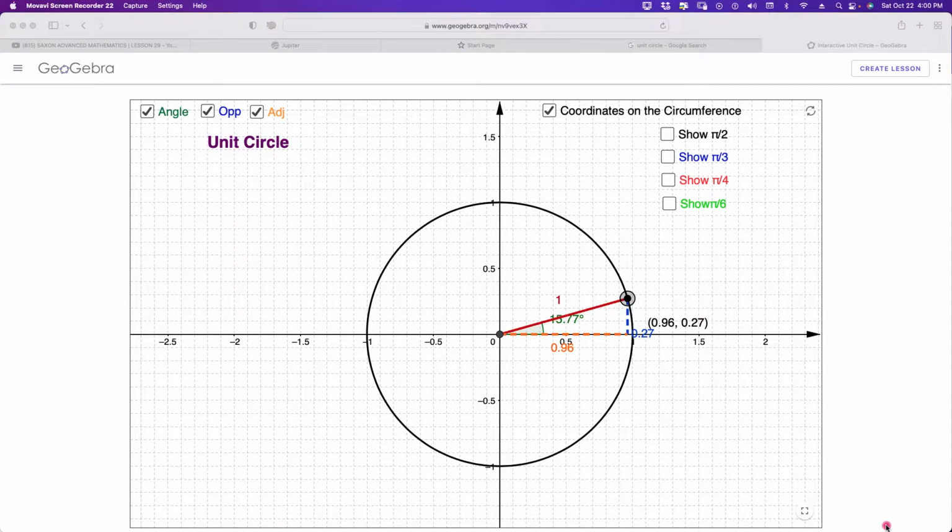So the unit circle is a drawing, in previous years, that illustrates the 30 degree, 60 degree, 90 degree, and the 45, 45, 90 degree reference triangles.